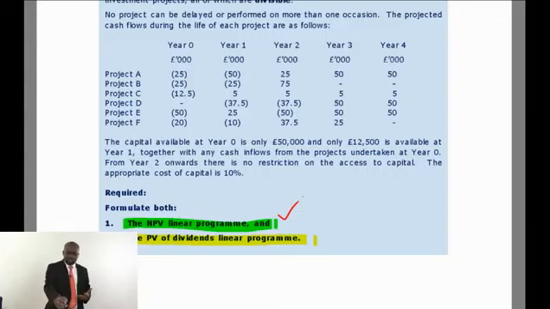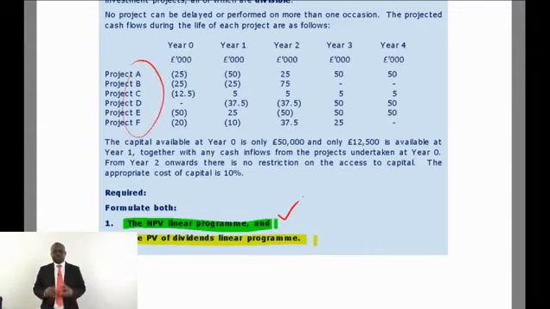So last week, we defined the proportion of project A, B up to F to be undertaken to be represented by their small letters. We're going to follow the same stages. The only thing that we're going to change here is that the objective is not to maximize NPV, but to make cash flows available to pay dividend.